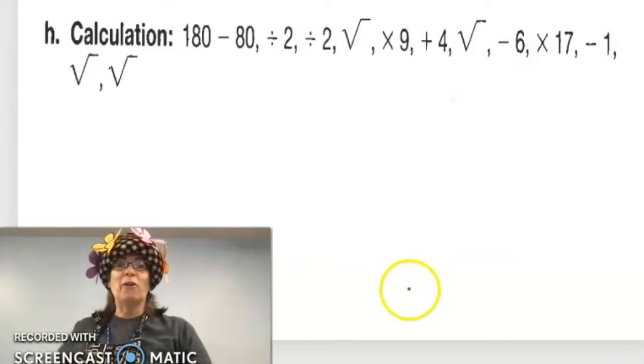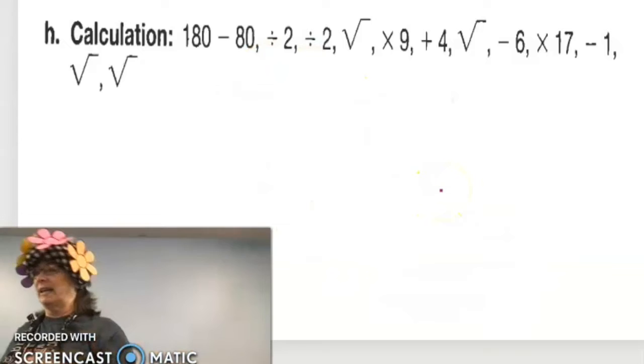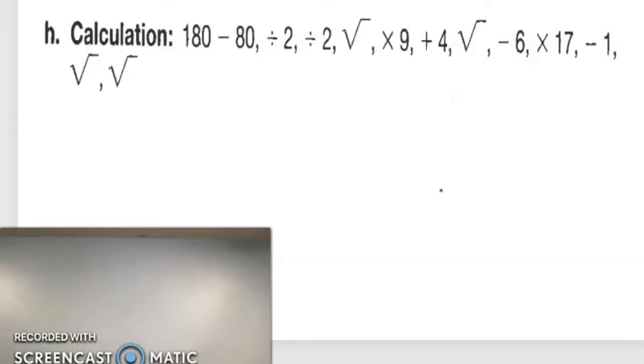All right, so let's do it together, everybody. I want you to see how we're getting there. We're doing 180 minus 80 is 100. I want everybody to watch because I want your brain to start working this way. 100 divided by 2 is 50. 50 divided by 2 is 25.